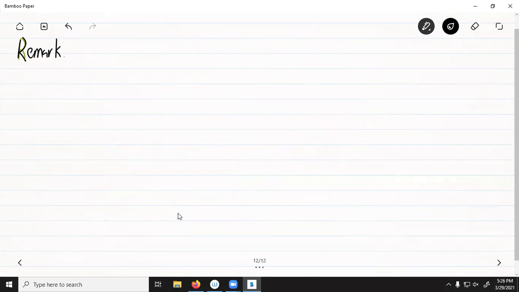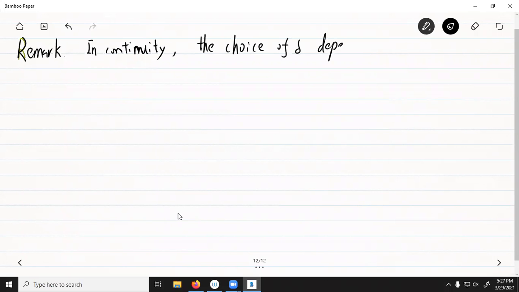So this epsilon in continuity, the choice of delta depends on this epsilon and A, right?